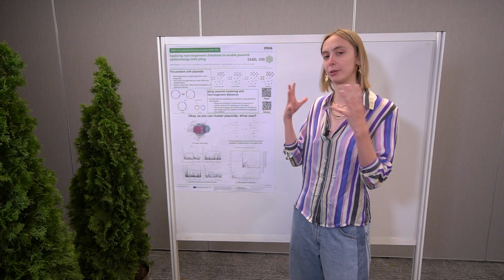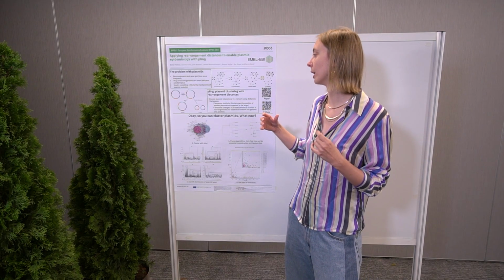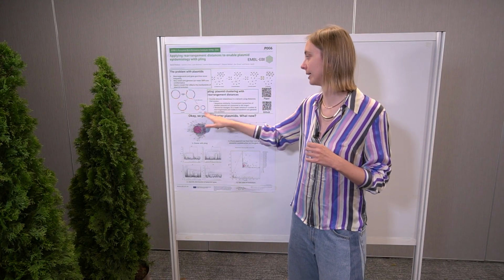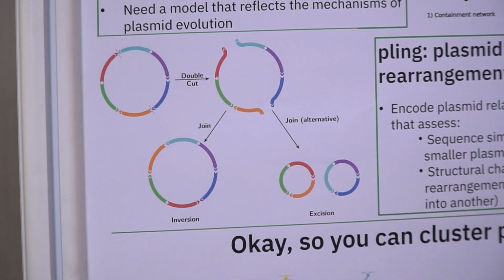And so that was our core underlying idea, and the model that we selected is something called the double cut and join. This is illustrated here in this figure, but basically in this operation you do a double cut and then you can join the ends again in two different ways, and this simple operation will basically describe any rearrangement that you can think of, and then in combination with indels, that's all of the structural changes that a plasmid can undergo.